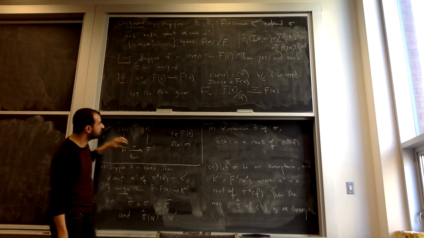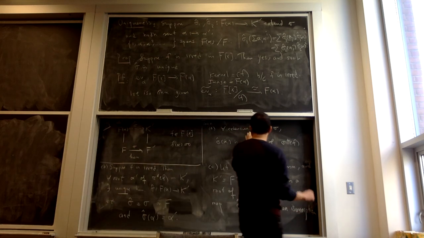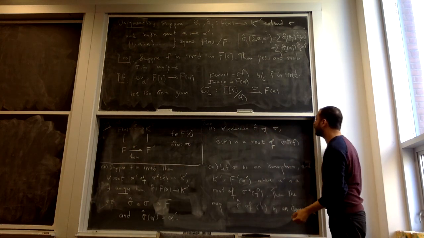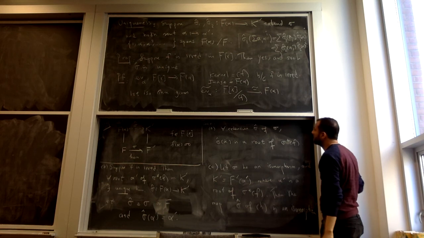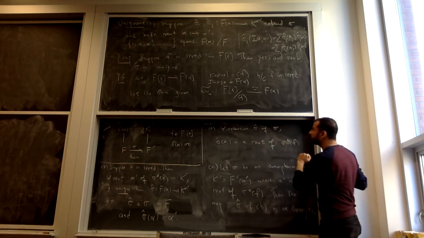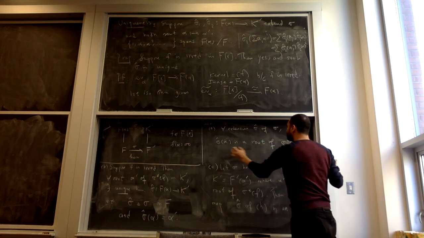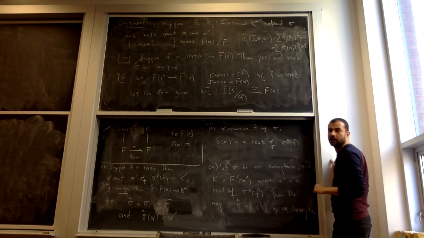The first thing we proved was that given any extension sigma hat of sigma, sigma hat of alpha is going to be a root of sigma star f.